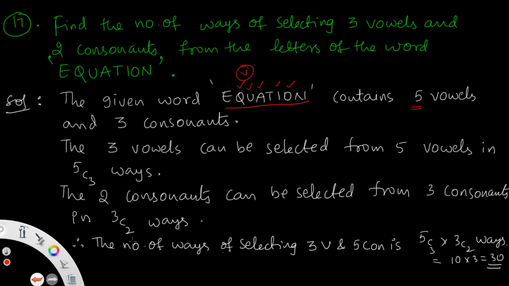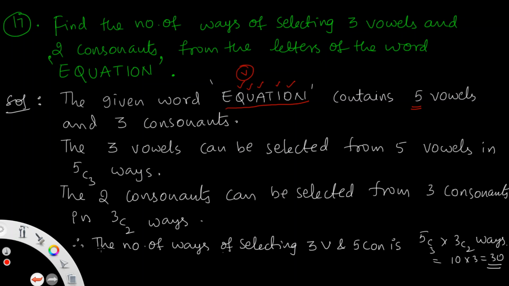So the word EQUATION is given. From this word you have to select 3 vowels and 2 consonants. First you have to count them: EQUATION has 5 vowels and 3 consonants. 3 vowels can be selected from 5 vowels in 5C3 ways, and the 2 consonants can be selected from 3 consonants in 3C2 ways.